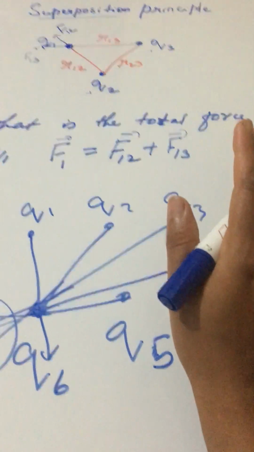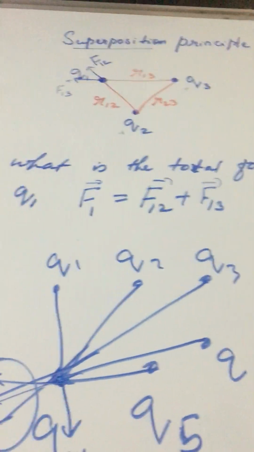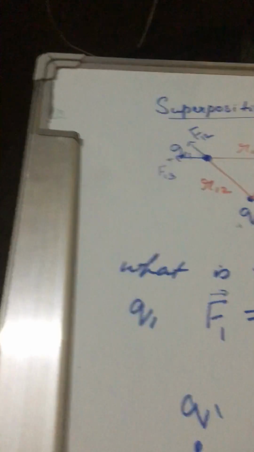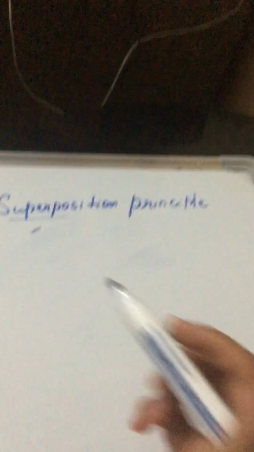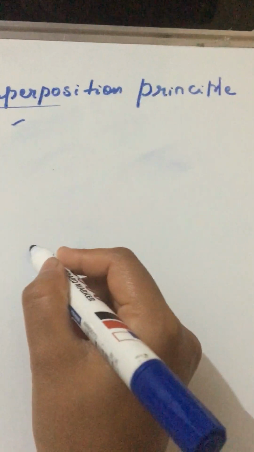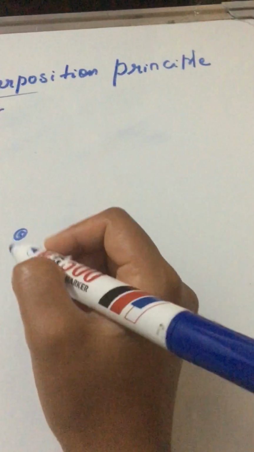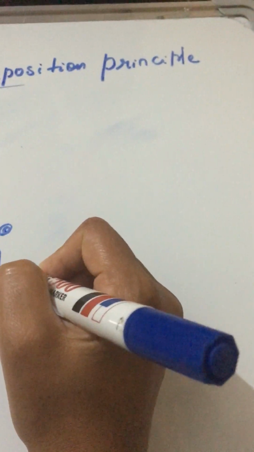Are we clear with it? I will start with a simple case. Let's take a simple example, I hope then it will be clear to us. Let us take 3 charges.